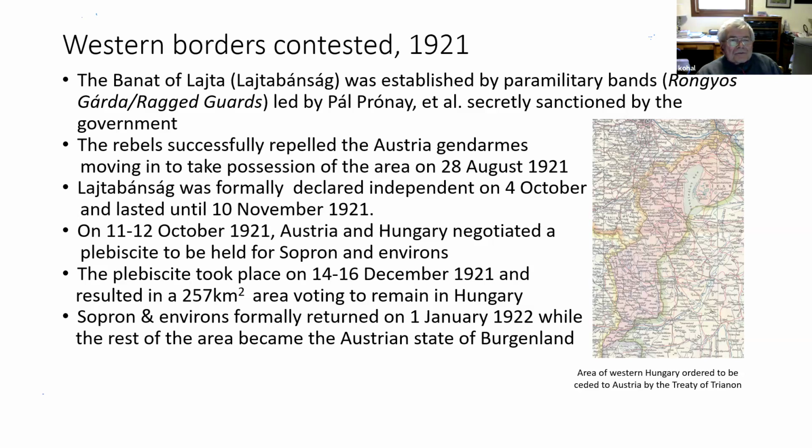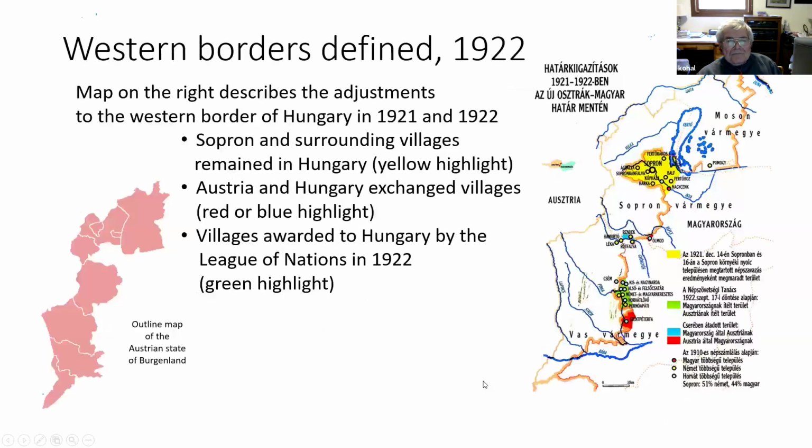Of course, Hungary was being pressured into meeting its treaty obligations, so I think it was in Venice that they met, the Austrians and Hungarians, and negotiated that a plebiscite was going to be held for Sopron, which took place in December, and Sopron voted to stay in Hungary. And then the formal handover was on January 1st of 1922. And the rest of the area became the Austrian state of Burgenland.